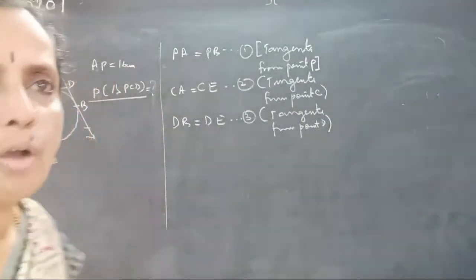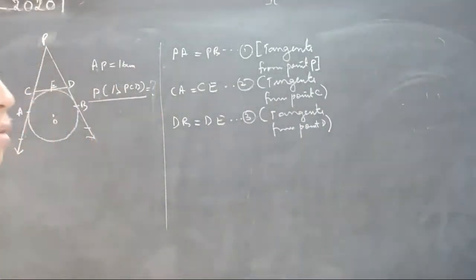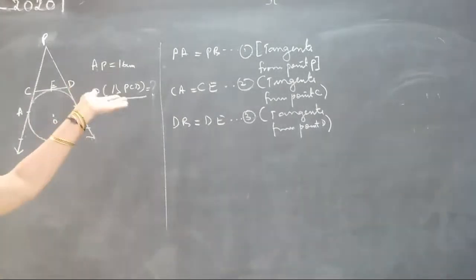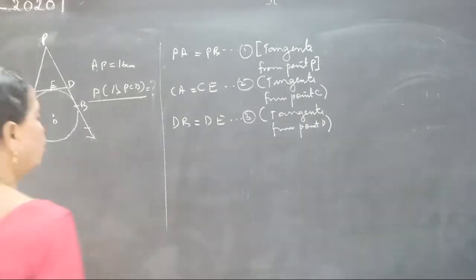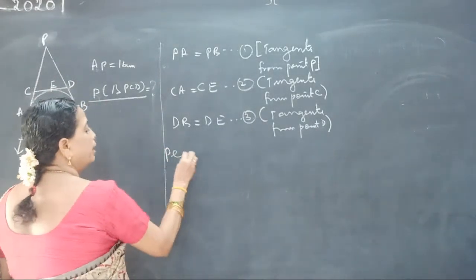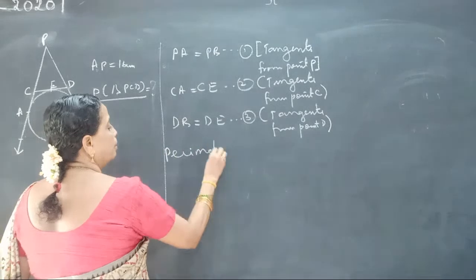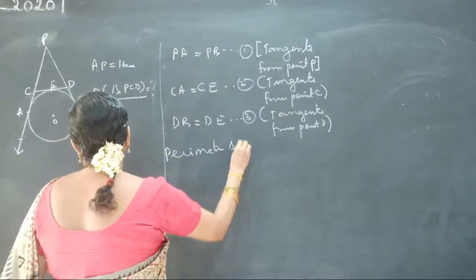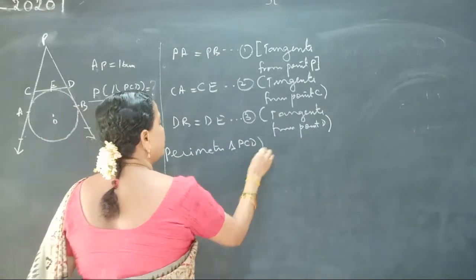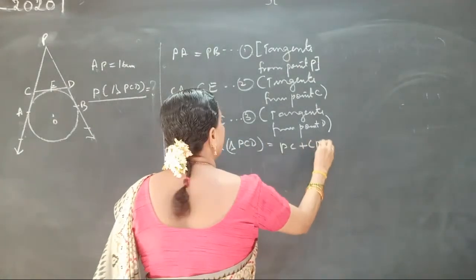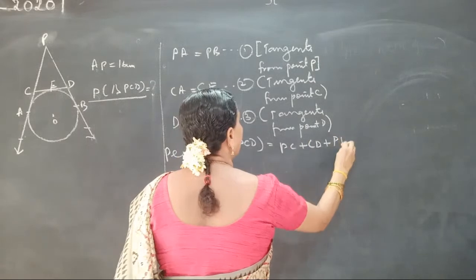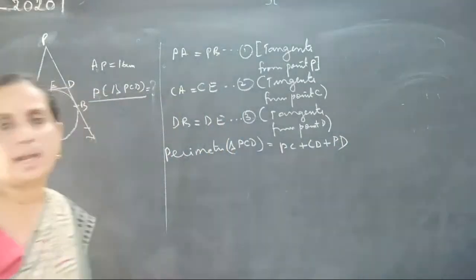Okay. Now see the procedure after taking the three necessary results from theorem 10.2. Now we go with the perimeter. Perimeter of triangle PCD equals PC plus CD plus PD, the sum of the three sides.